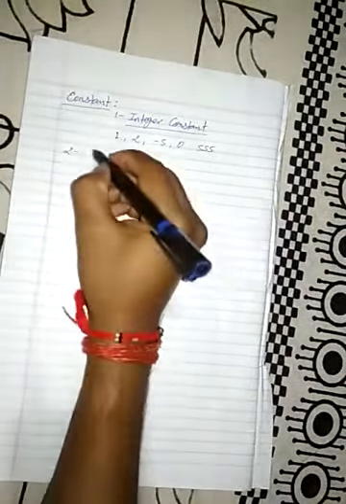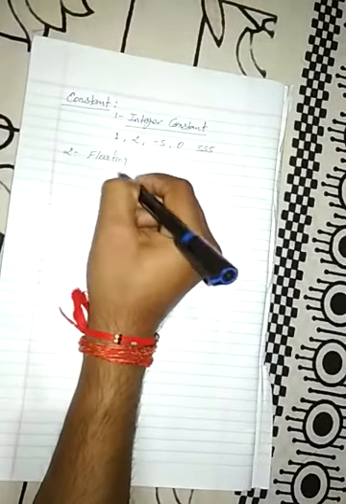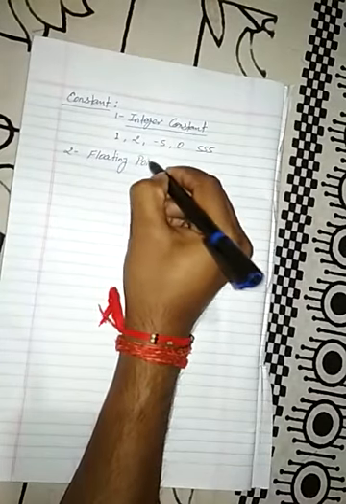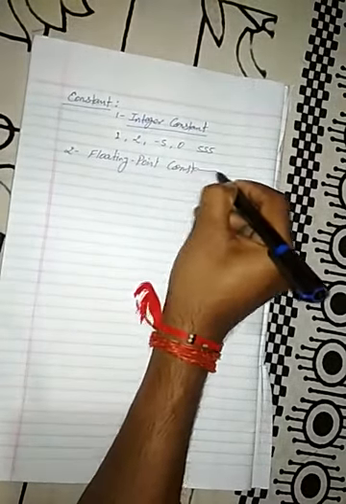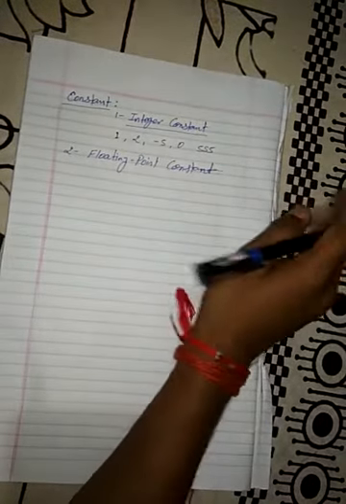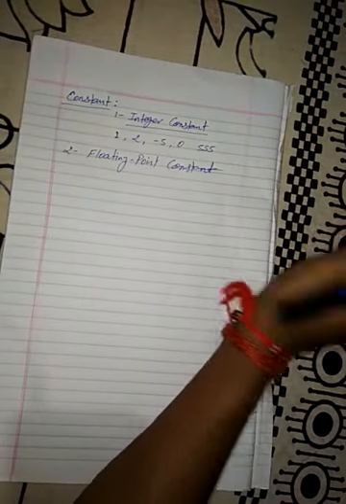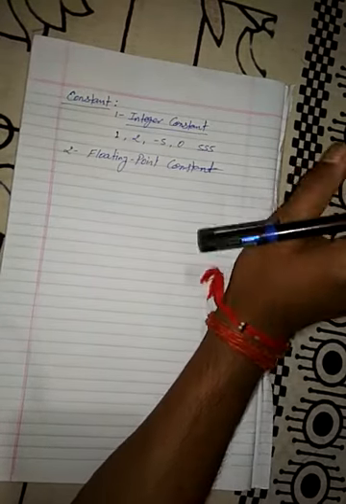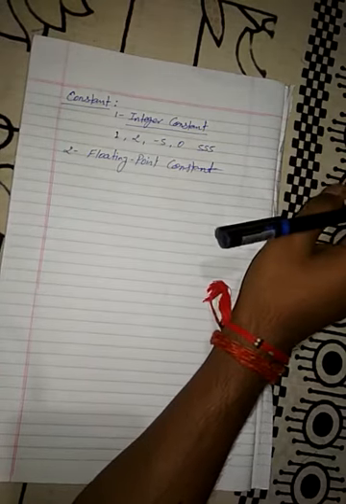The second term, the floating point constant. It means it is a decimal number that will never change in the whole programming.